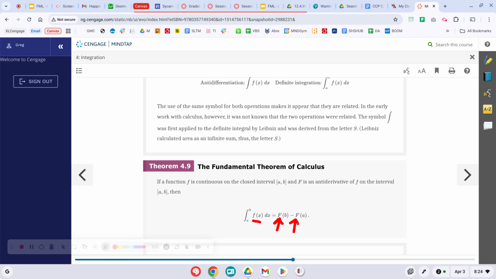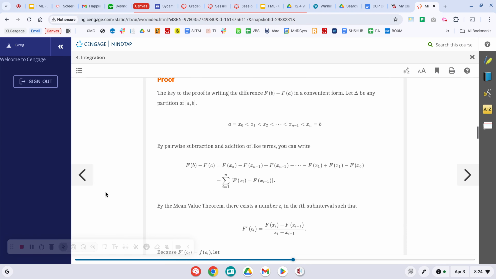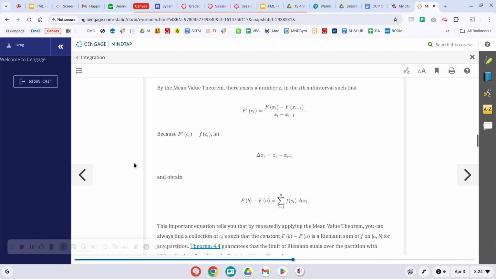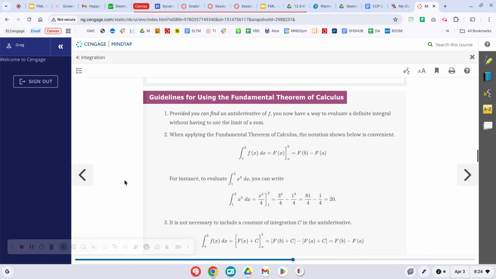That's the same function. So all you do is you put the top number in first and subtract the bottom number, and that gives you the area under the curve. That gives you the definite integral. Okay, if you want to go through the proof, if this interests you, come see me and we'll go through it slowly together. We're going to skip through it for the video.